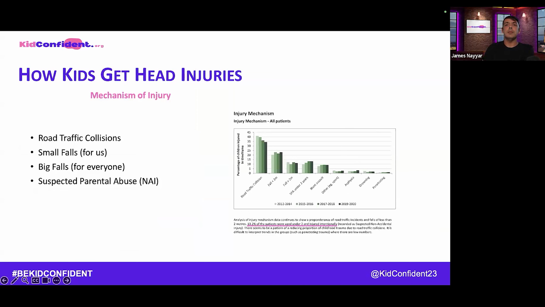And then the sad thing of suspected parental abuse, which only gets counted up to 2 years old. So 3 years and above, it goes down as assault rather than suspected parental abuse. And so if you add that bit on to the figures, if you assume that they're all parental non-accidental injuries, then you can see that there's quite a lot of assaults or parental injuries.